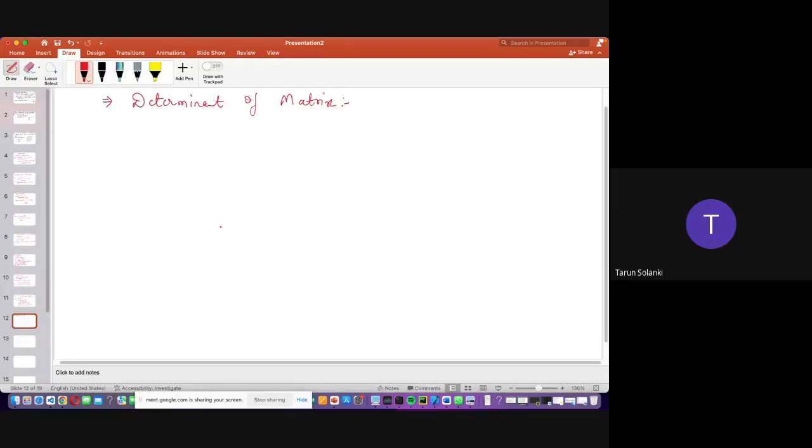So in this, A is equal to A11, A12, A13, A21, A22, A23, A31, A32, A33. So this is your square matrix.